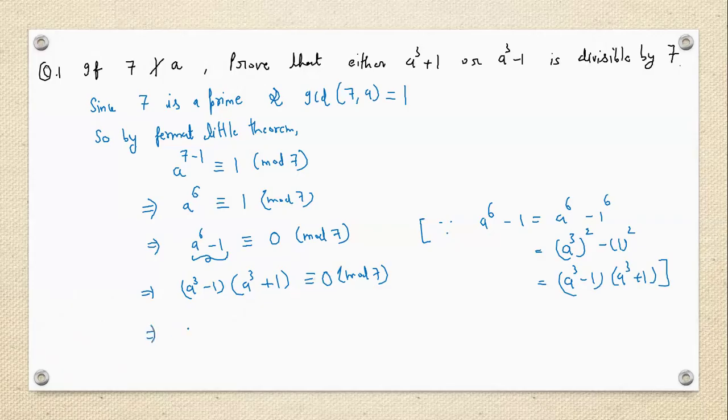This implies that either a^3 - 1 or a^3 + 1 is congruent to 0, that is divisible by 7. Okay. This is the same question which we have to prove here.